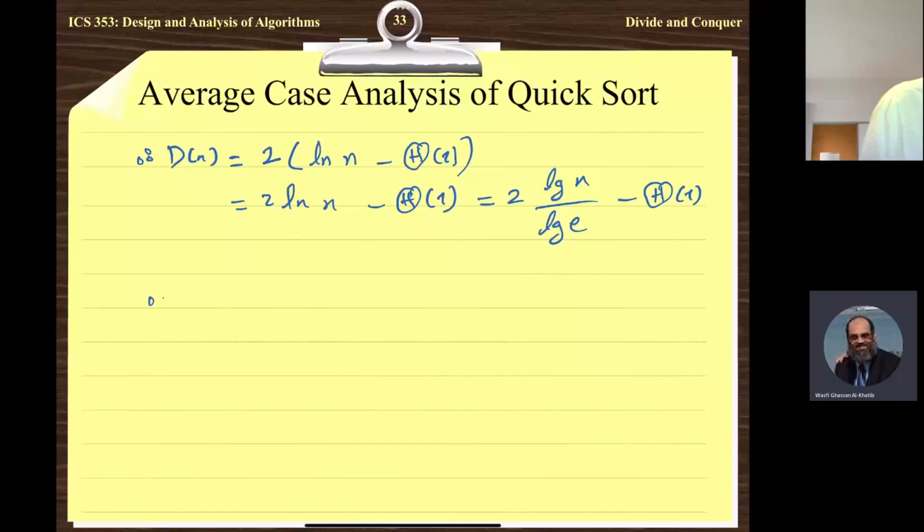Therefore, c of n is going to be equal to n plus 1 multiplied by twice log n over log e minus big theta of 1.